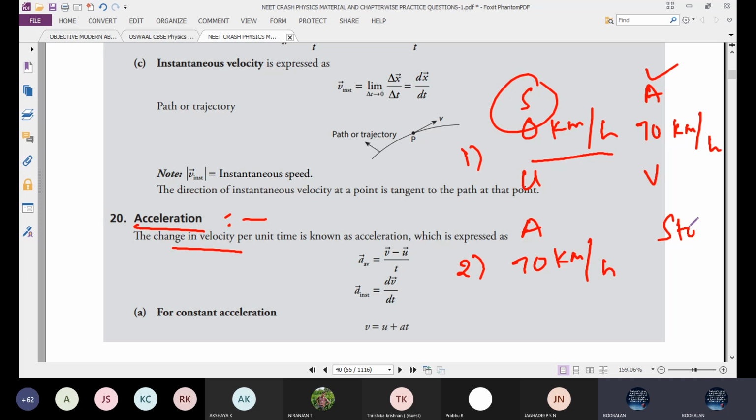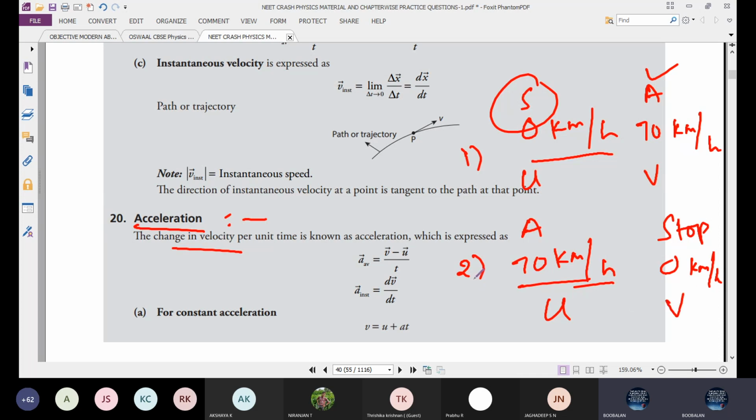I'm reducing the speed, and it goes to 0 kilometer per hour. So in this case, 70 kilometer per hour is the initial velocity, and the speed at the stopping position is the final velocity.